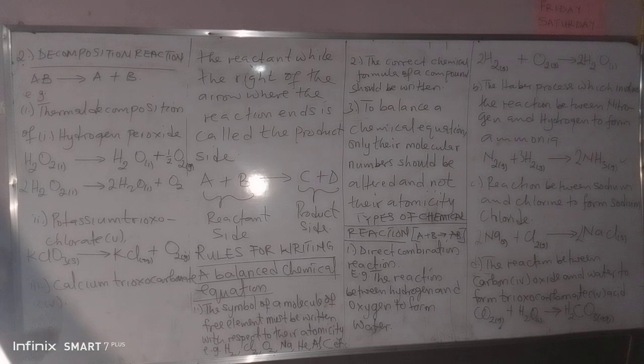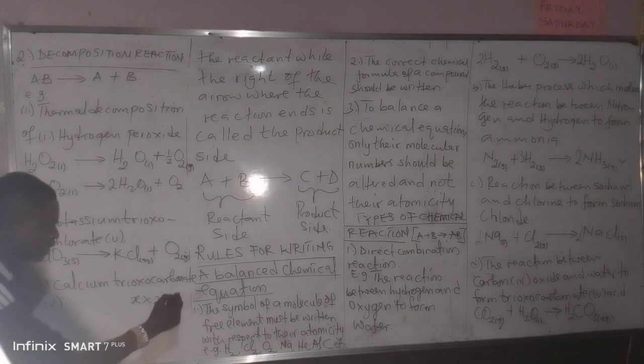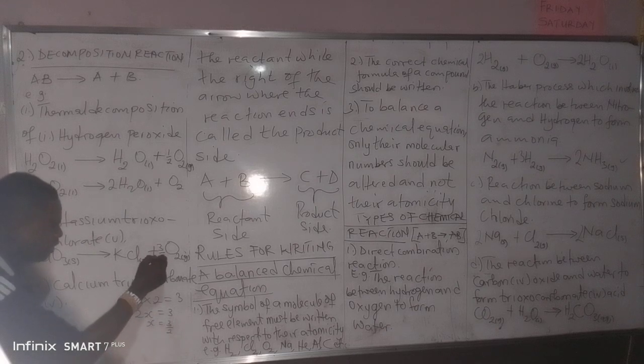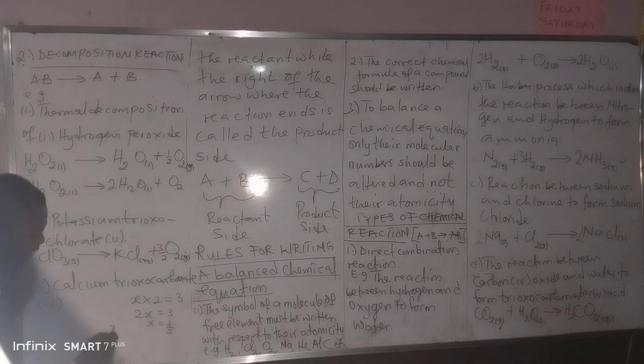What number? You can do some abracadabra. I want to put a number here. That number is x. I want to multiply it with these 2 and I want to get 3. Very simple. This one is now 2x equals 3. Then x will become 3 over 2. So if I have 3 over 2 times 2 over 1, the 2 cancels, that's 3.